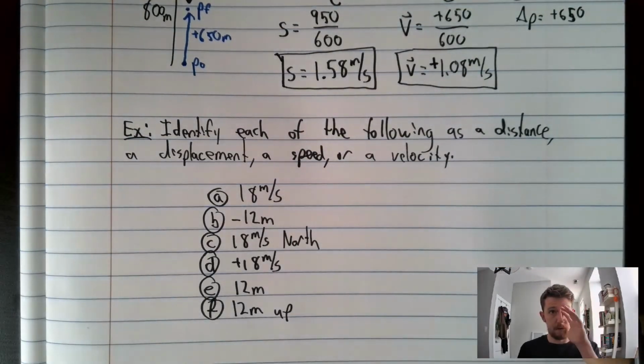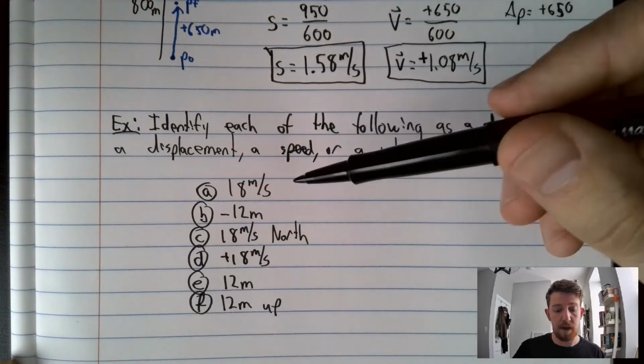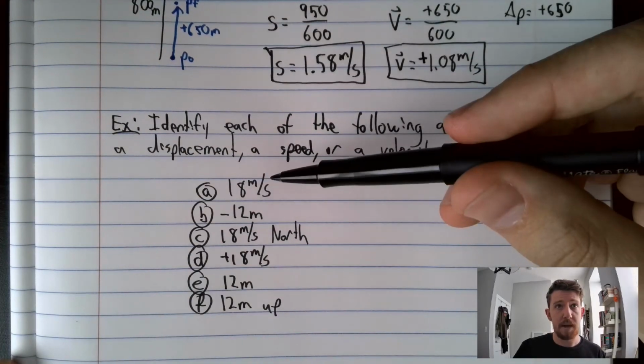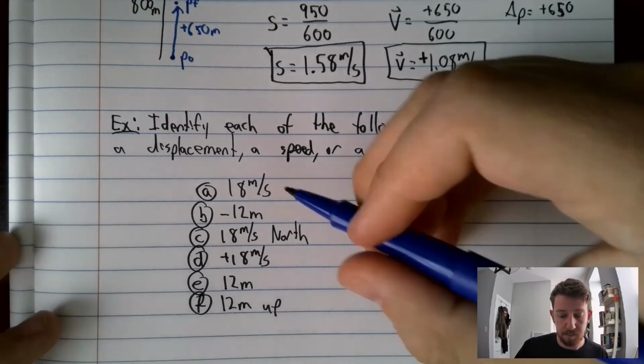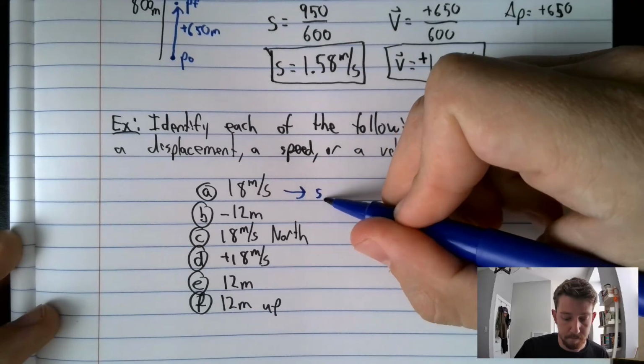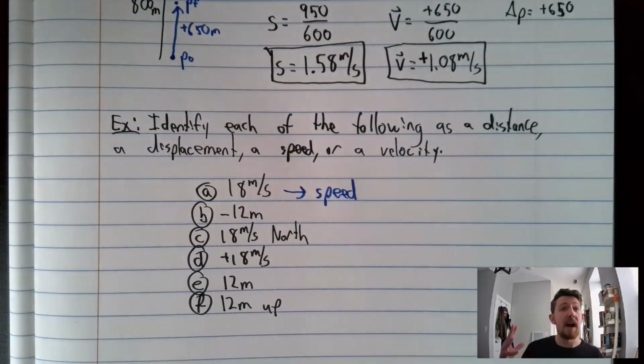Okay, here we go. One at a time. Starting with A. It's in meters per second, so it has to be either velocity or speed. But I know that it is speed, because velocity has to have a direction.